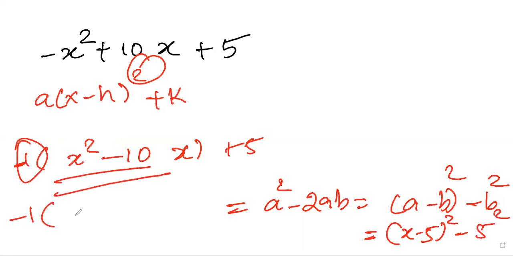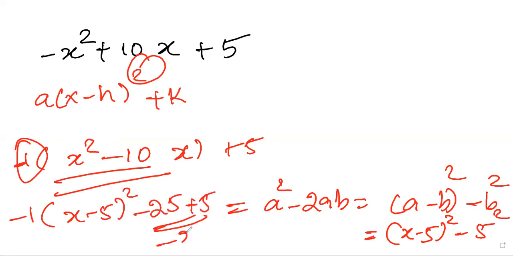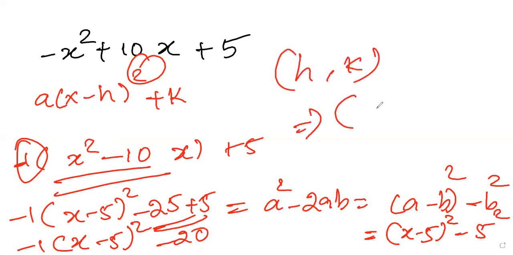So it's minus 1 times x minus 5 the whole square minus 25, plus 5, so you're going to have minus 1 times x minus 5 the whole square plus 20, where a is minus 1. The vertex is h comma k, so that would give you 5 and 20. Is this clear?